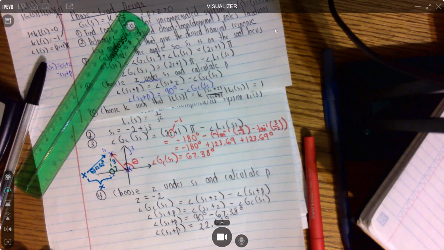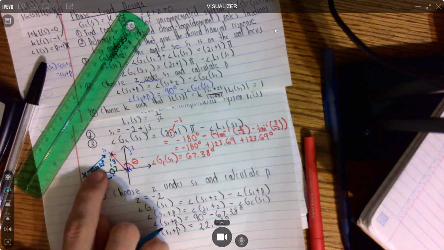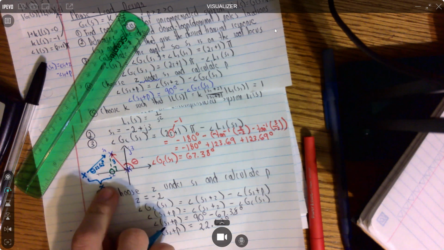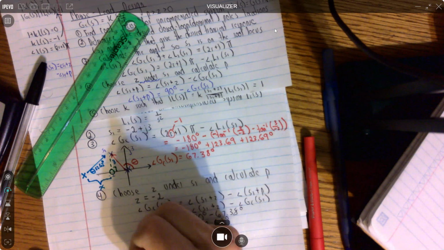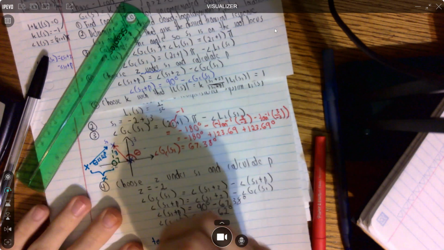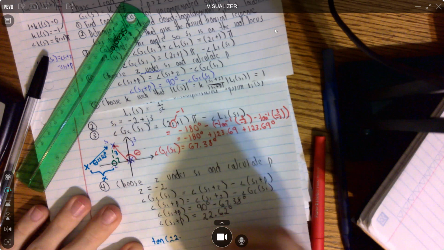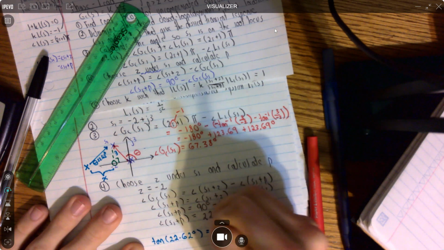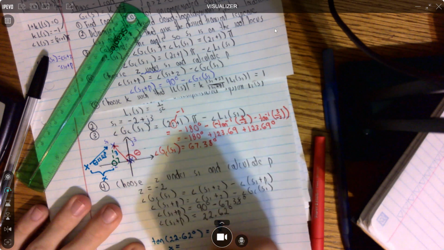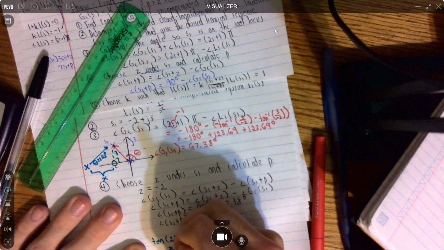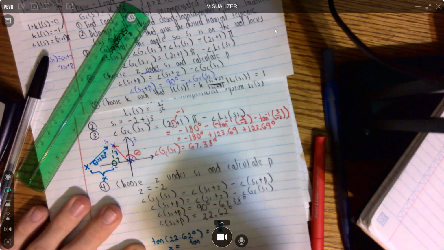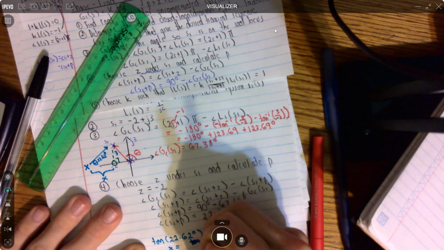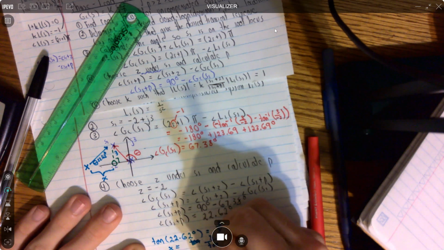We're going to try and determine our x. And so using trigonometry, we know the opposite and we need to know the adjacent. So here, tan of 22.62 degrees is going to equal opposite over adjacent. So my x length is going to equal 3 over tan of 22.62 degrees.